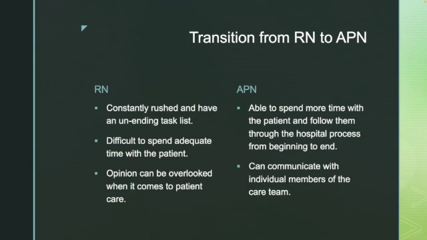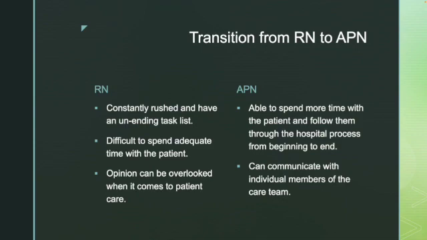When transitioning from an RN to an APRN, as an APRN, you have more time. As an RN, you're constantly rushing around and you have an unending task list every shift. It's difficult to spend adequate time with your patients, and your opinion can be overlooked when it comes to patient care and rounds, or you may not see the provider that day and be able to voice your care because you're so busy.